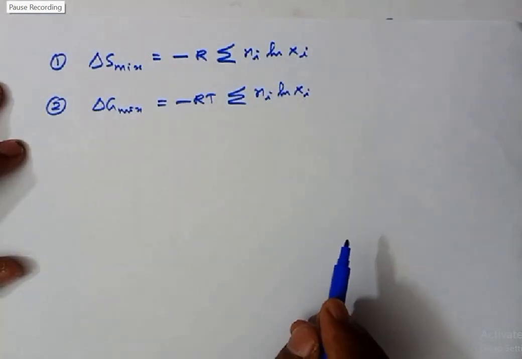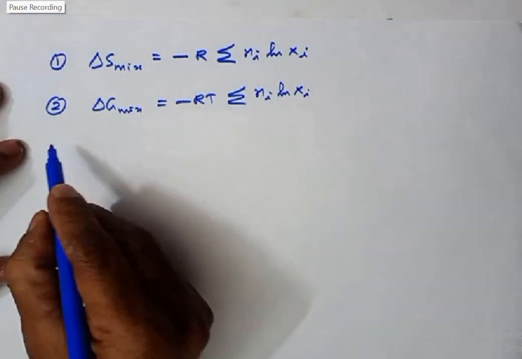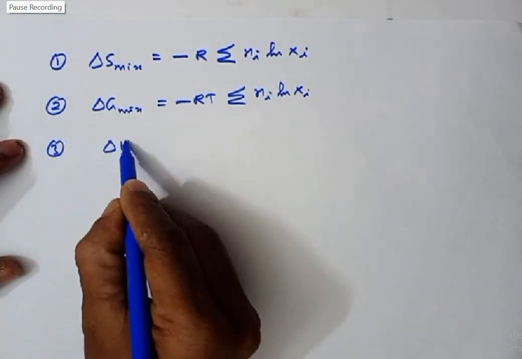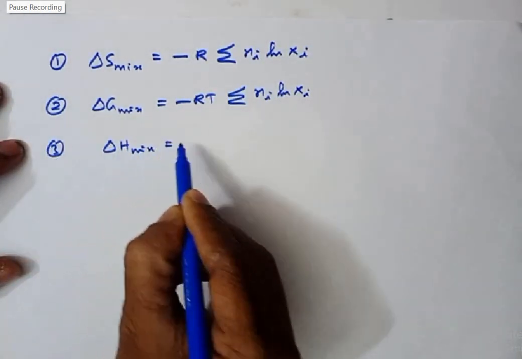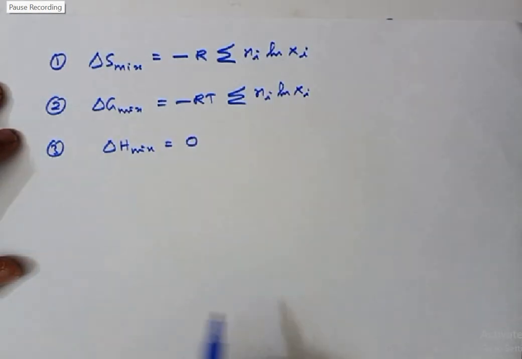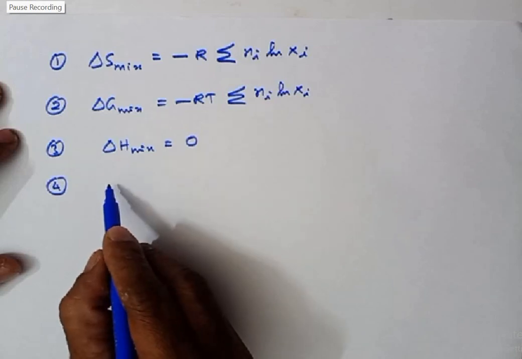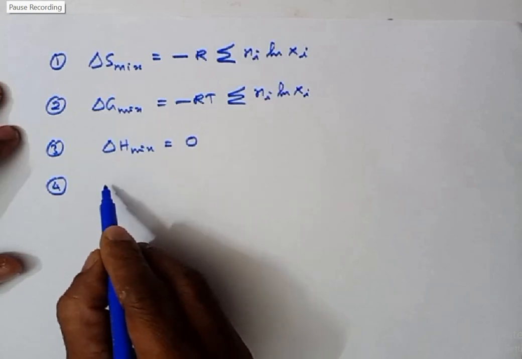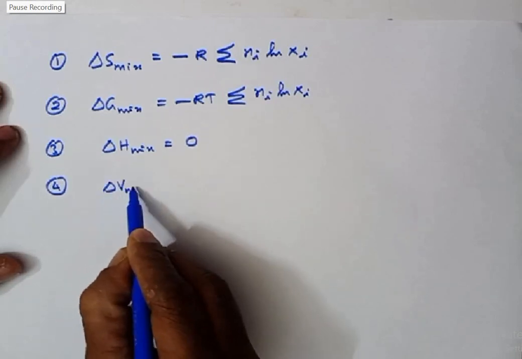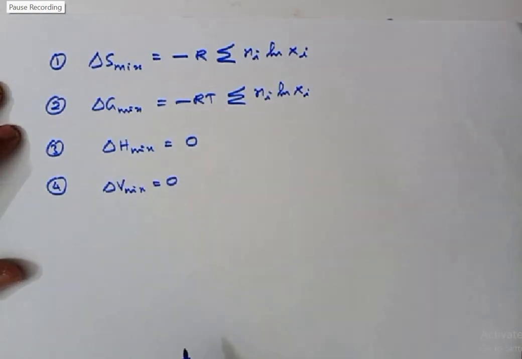This is delta G mixing for n mole of the mixture. Then we found out that delta H mixing equal to 0. Then fourth one, we also found out that delta V mixing is also 0.